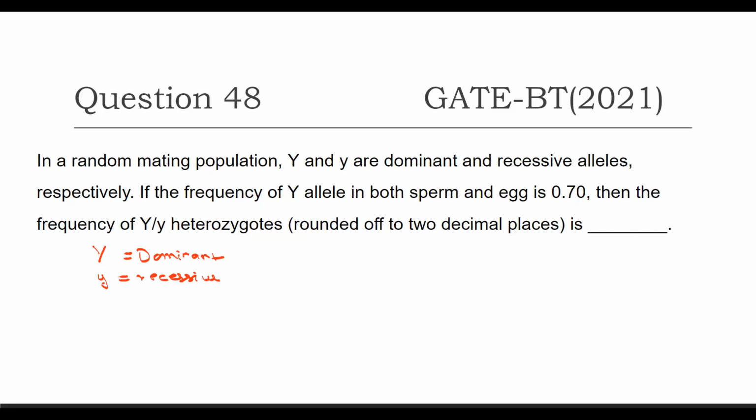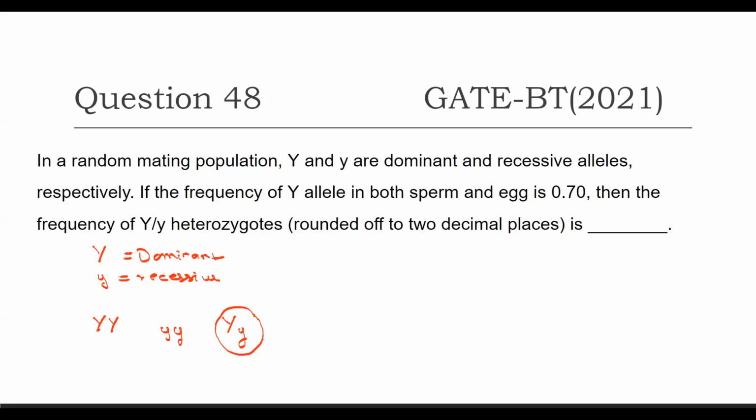So there will be three types of individual. One is a dominant homozygote, which will have two capital Y alleles. A recessive homozygote, which will have two small y, and a heterozygote, which will have one capital Y and one small y. So they're asking you to find out the frequency of occurrence of this individual in this population.